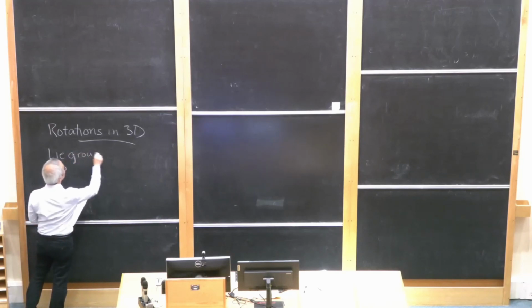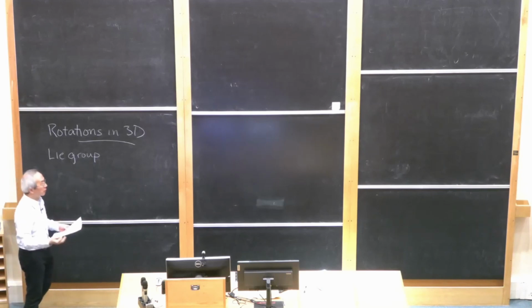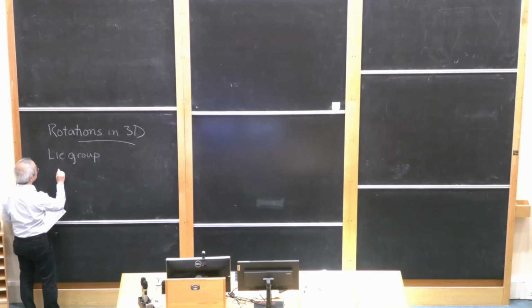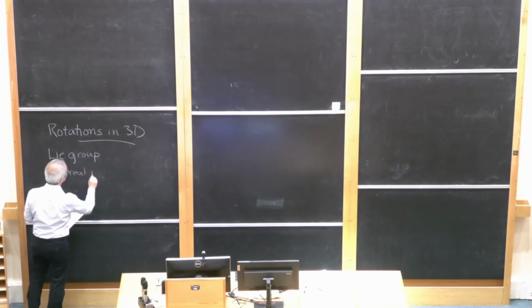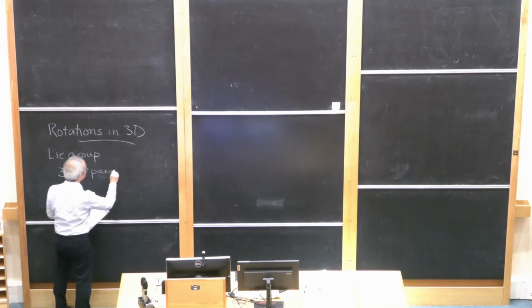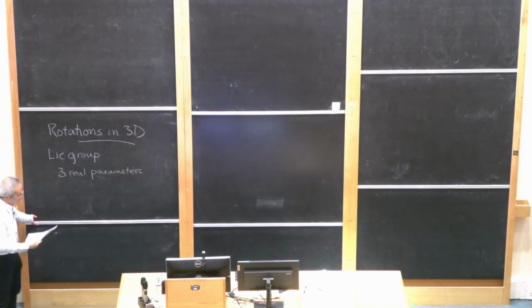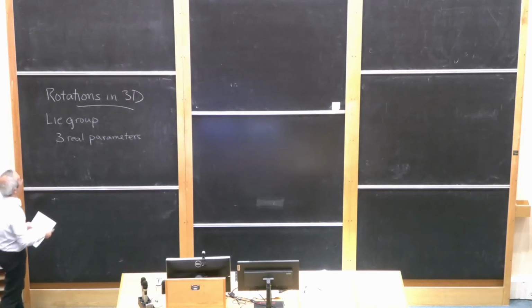As we said yesterday, a Lie group is a group of infinite size, but all the elements are related to each other through continuous parameters, okay? And in the case of 3D, it shouldn't surprise you that there are 3 real parameters here, and that will drive a lot of the behavior.